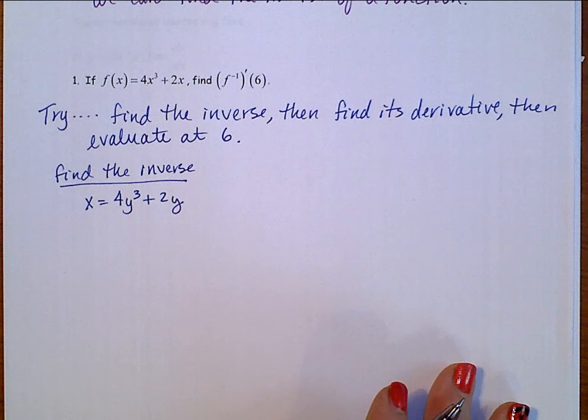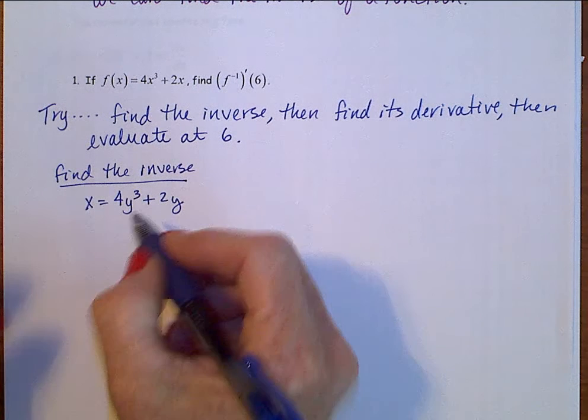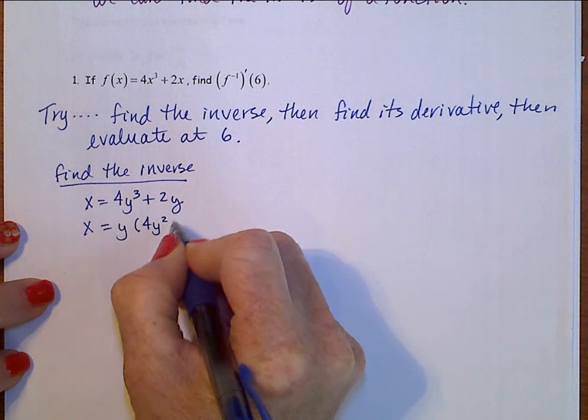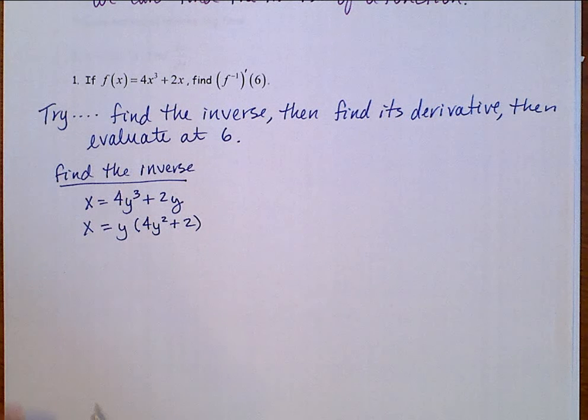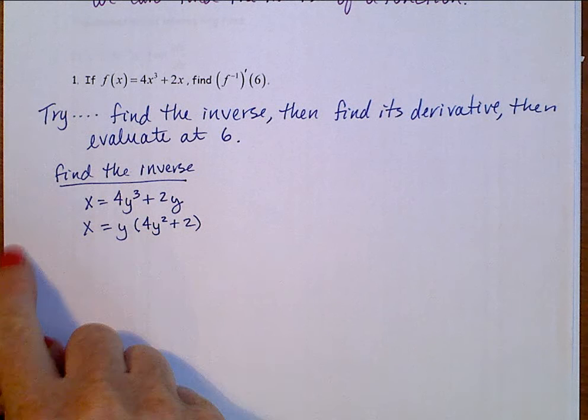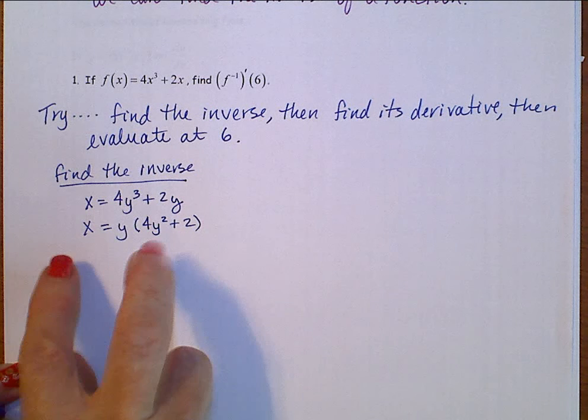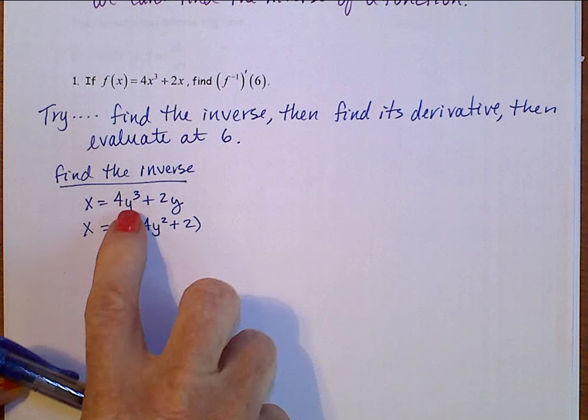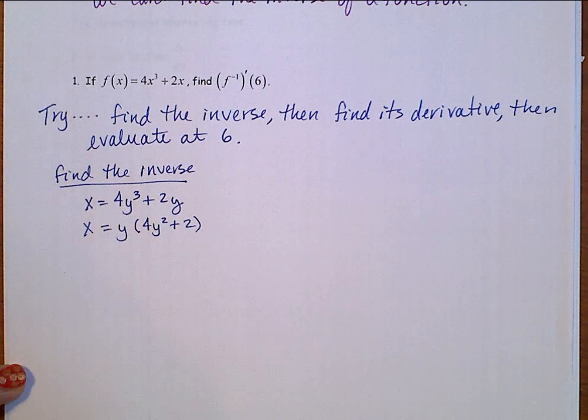We're not going to be able to do that. Even if we factor out a y, we could divide by 4y squared plus 2 over to the left, but then we'd have y over here on the right, but we still have y's on the left. Because these y's have different powers, you are not going to be able to solve for y.